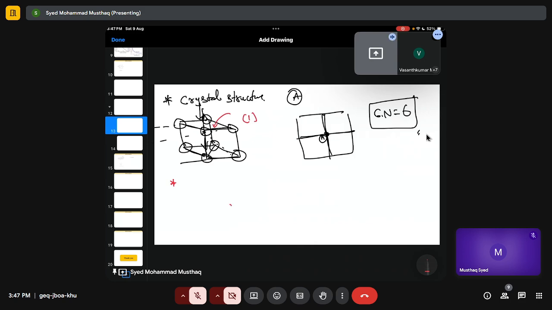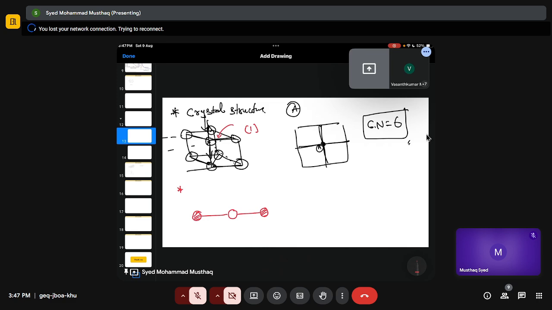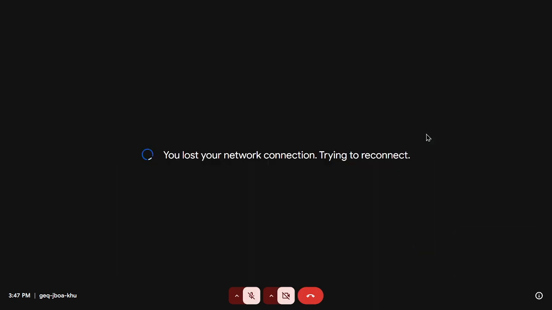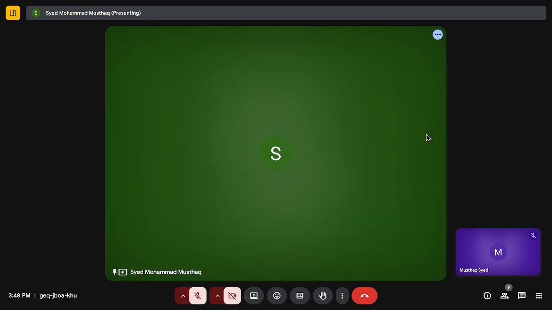So here, if this is my atom, this is the other atom, it should be bonded to the forward atom, and this is the back atom. Right, so everyone is the same here, there is no difference at all.